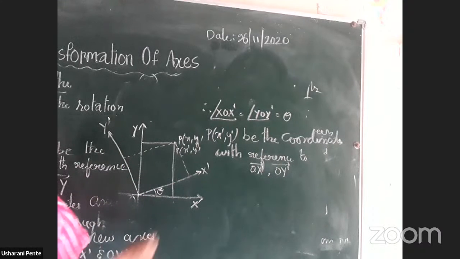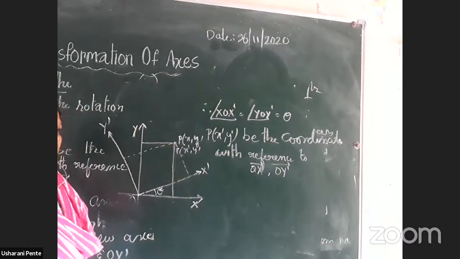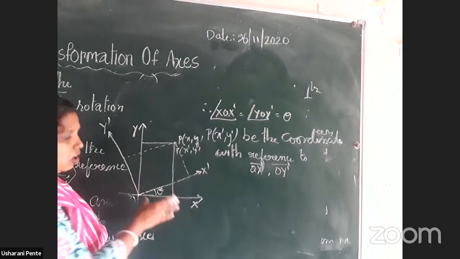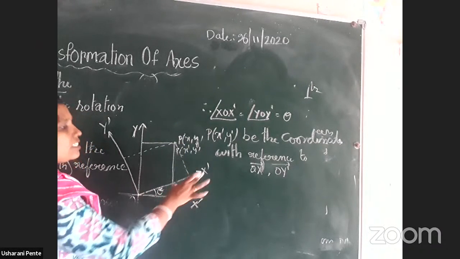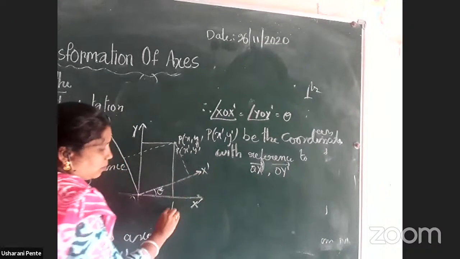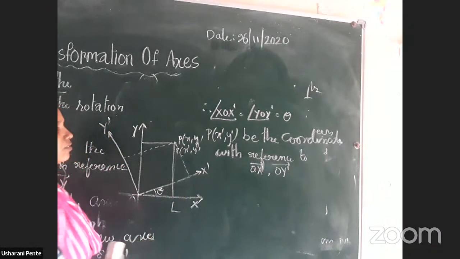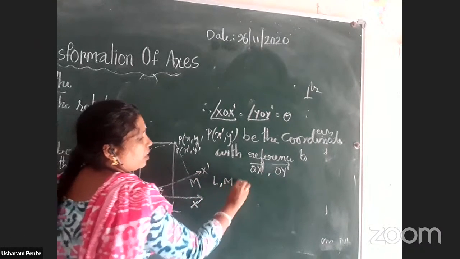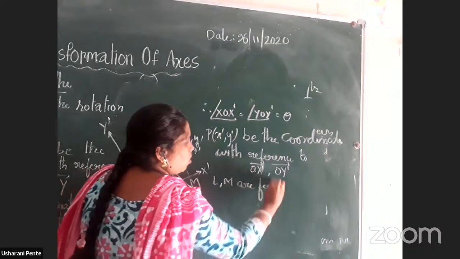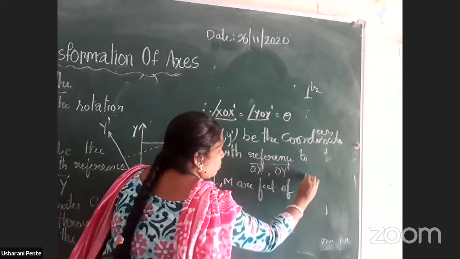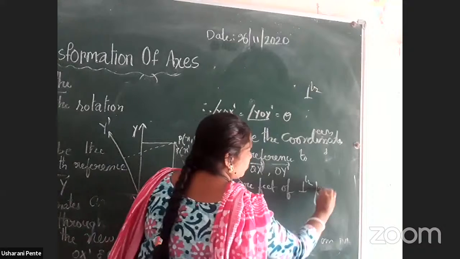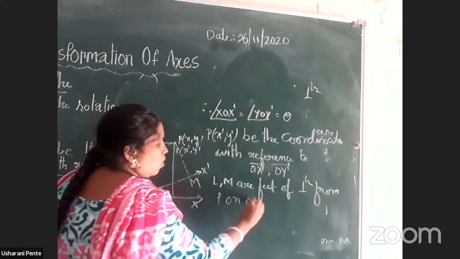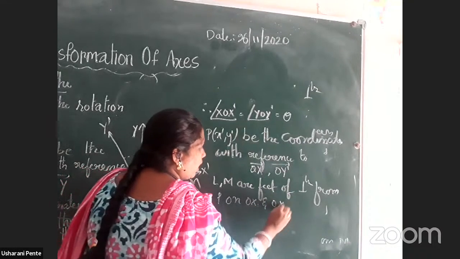Now we are taking the perpendiculars from the point P on OX and OX dash. L comma M are the feet of the perpendiculars from point P on OX and OX dash.